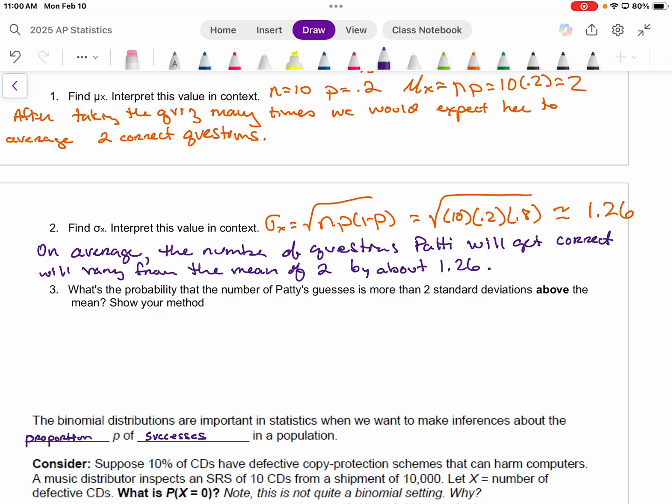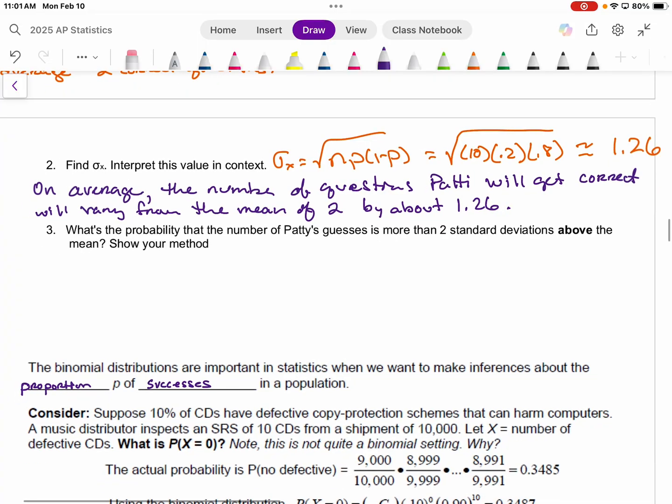So the next one, the way they phrase it, is a little bit quirky looking. They ask us, what's the probability that the number of Patty's correct guesses is not more than 2 standard deviations above the mean? And then we have to show our method. This would be one of those things on a free response question. So here I'm going to take a little long way approach.